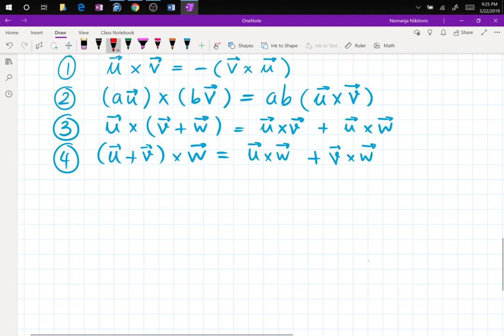So if you have 3 points in space, you can define two vectors, and those two vectors would define the plane. Now, when you take the cross product of those two vectors, the vector that you get as the answer is always perpendicular to the plane that those two vectors created.